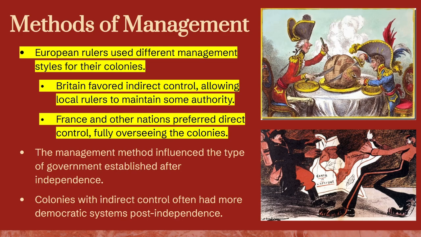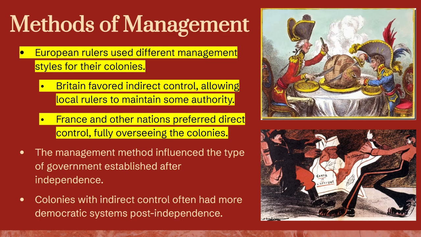So it's almost kind of like a feudal hierarchy. When it comes to the French and their method of direct control, this is where they would have military intervention, where they would place military leaders directly in control over politics and the societal structures of the different African colonies that they established.